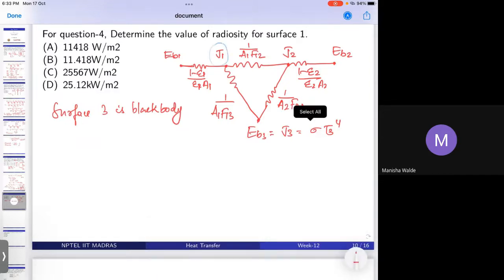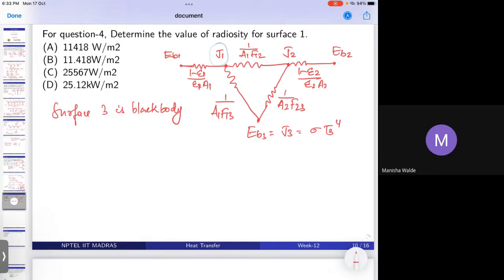For that, we need to solve a set of equations. So I'm taking the top surface, surface 1.